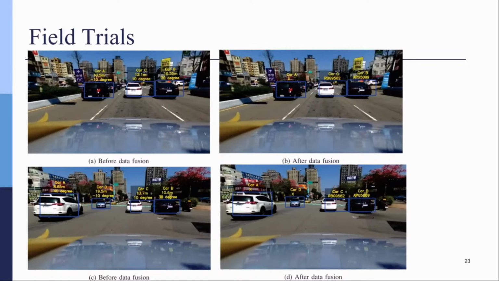With our data fusion algorithm, because car B and car C share their information with V2X communications as shown in Figure B, we can correctly tag each of their car profiles on the right car. Since car A is not equipped with a V2X interface, no car profile is tagged for it. Like the above two figures, Figures C and D show similar before and after data fusion results.